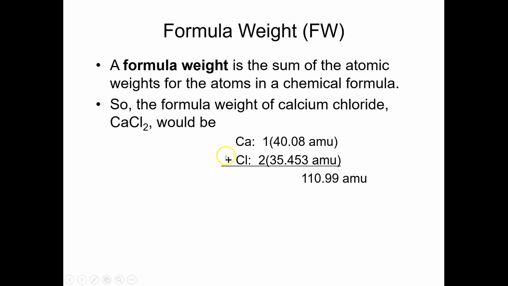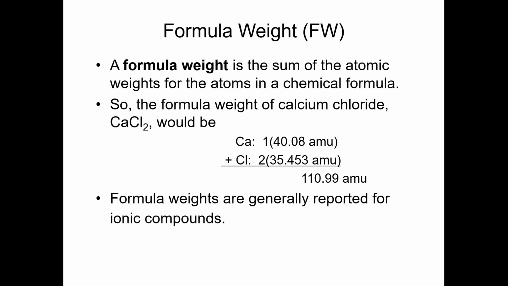It's got 2 chlorines, and so we're going to take the atomic weight of chlorine from the periodic table and multiply it by 2. And then we're going to add those two products together, and that gives us 110.99 AMU. So one formula unit of calcium chloride weighs 110.99 atomic mass units.